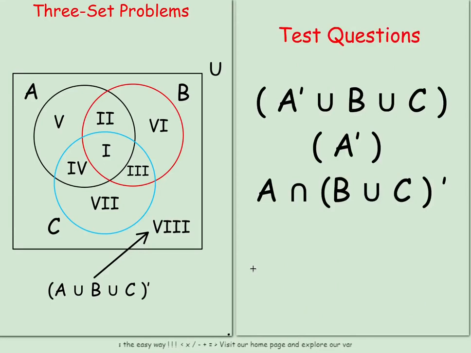So these are the regions, just 3 of them. The first one being A prime union B union C. Then the second one is just A prime. And then the third one is A intersection into bracket B union C prime. All you need to do is first of all identify whatever you have in the bracket first. If there is a bracket, then gradually you will get your desired answer.